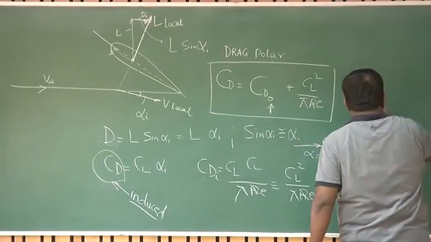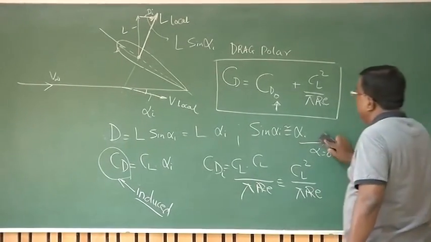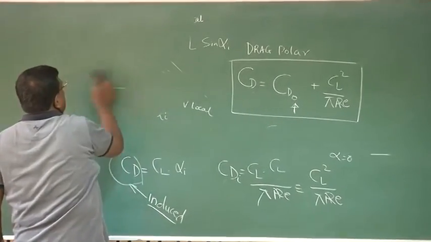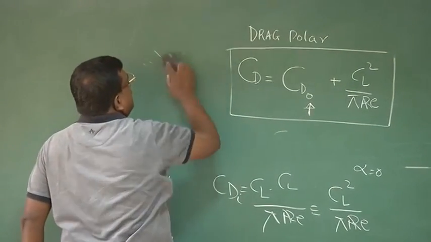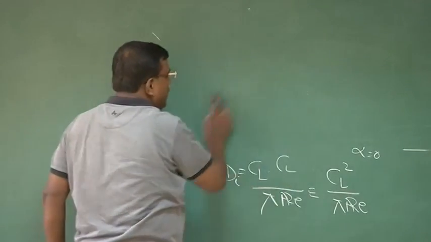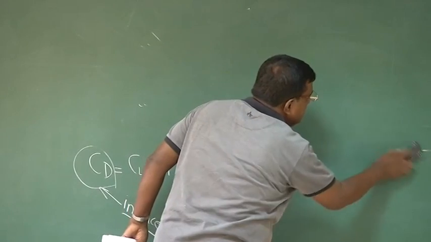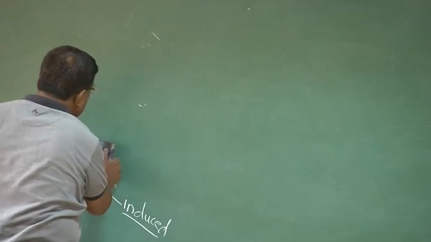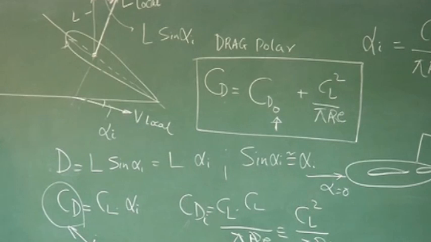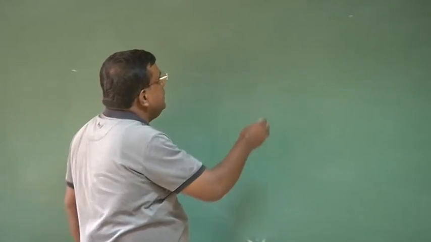So this is one of the contributions of a finite wing: because of the finite wing, there are vortices. Because of vortices, there is drag, say induced drag, and because of vortices, there is downwash, which will also change the lift curve slope, or CL alpha, of the wing. Let us see how that happens. Let me draw this diagram.